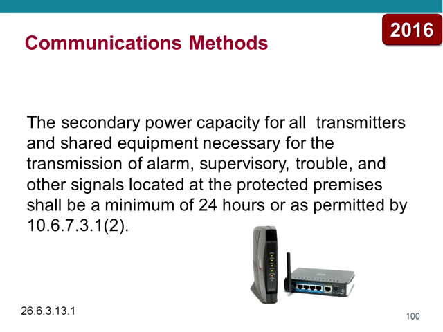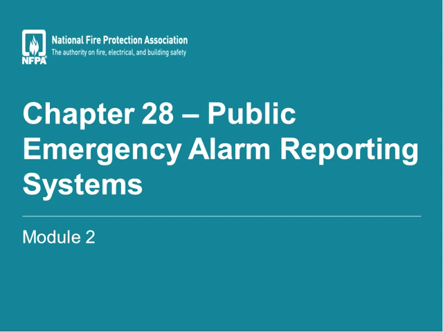So if I have an IP DACT, as it's called, I know some of the manufacturers are providing that. I have to have at least 24 hours of standby power for all of the IP equipment between me and the service point, which is basically wherever that modem or DACT connects to the utility, and the utility being the managed facilities voice network or cable or phone or whatever I'm using.